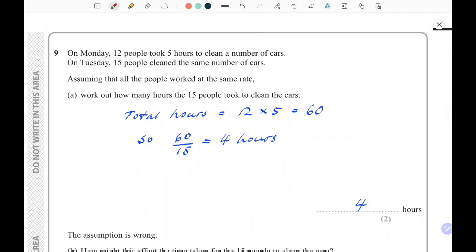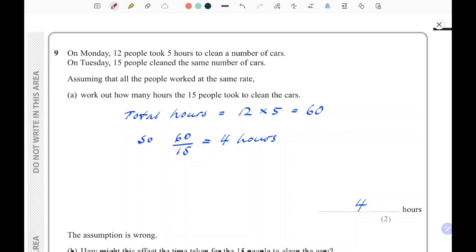What we have here is like a comparison. On Monday, 12 people took 5 hours to clean a number of cars. And on Tuesday, 15 people cleaned the same number of cars, and they want us to work out how long that might take.